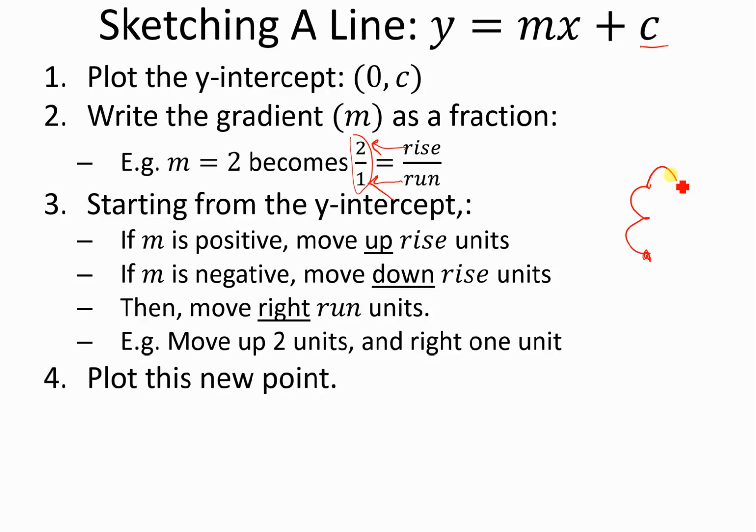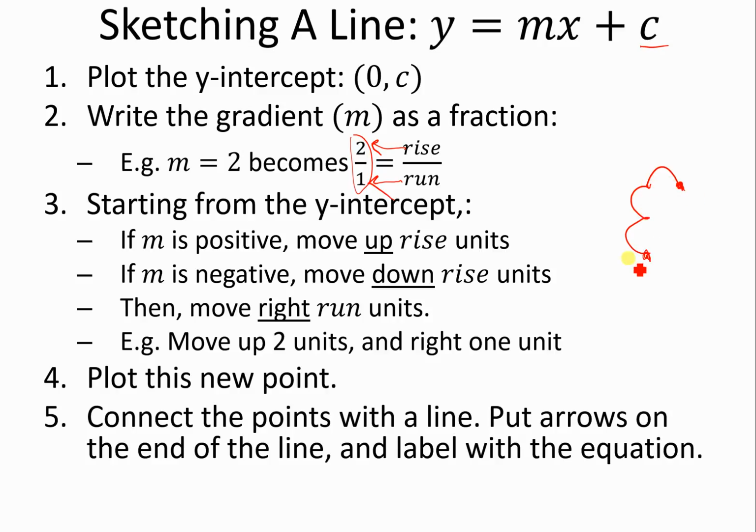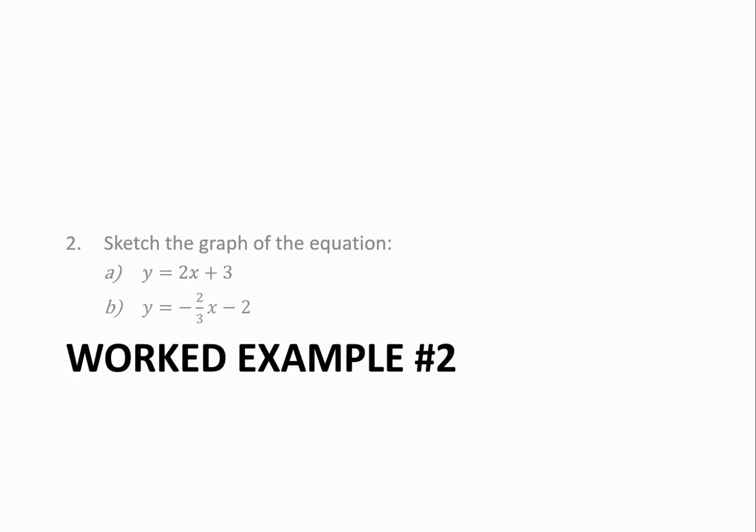We're going to plot that new point. So I've got my original point, and then up 2 over 1, I've got a second point. Connect them with a line, put arrows on the end, and label it with the equation. That's how we plot a line in that form. You can try these examples on your own. You can check the video out if you'd like.